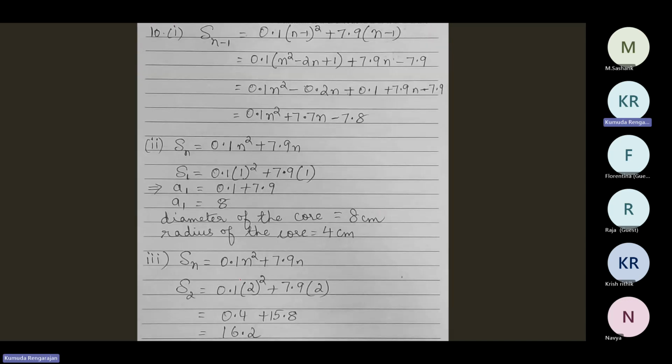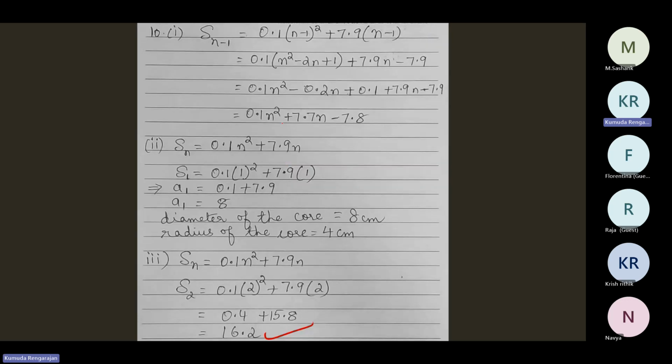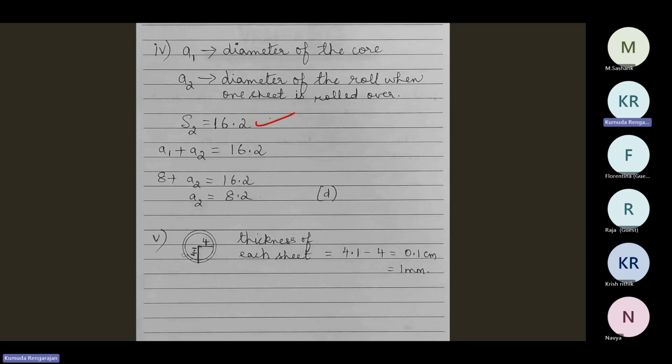S2 we already worked. Okay, it's 16.2. So A1 plus A2 is 16.2. A1 also we found earlier. So A2 is 8.2. This is the diameter, and the question is to find the diameter only.